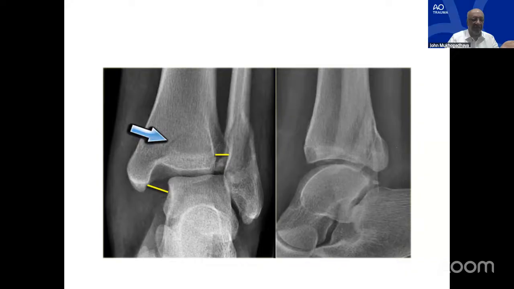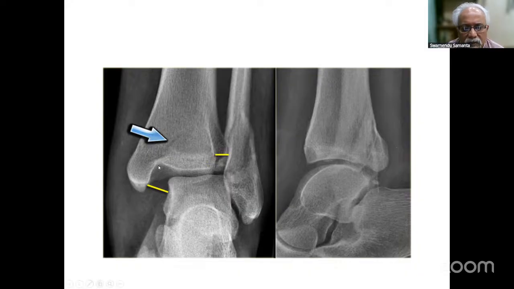You must remember the normal clear space on the medial side, and if you see how a normal ankle looks, everything is smooth. Whenever you order an X-ray for an ankle injury, you don't write only AP and lateral, you also write the mortise view, so that you don't miss the syndesmotic injury.